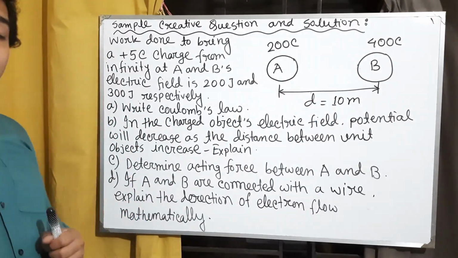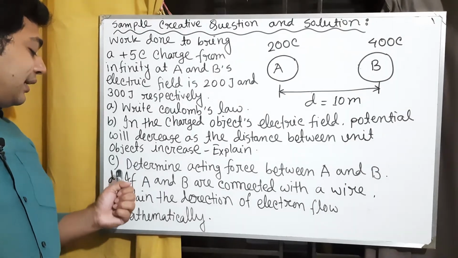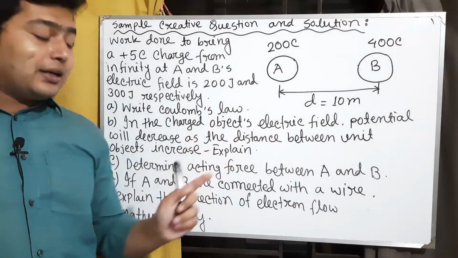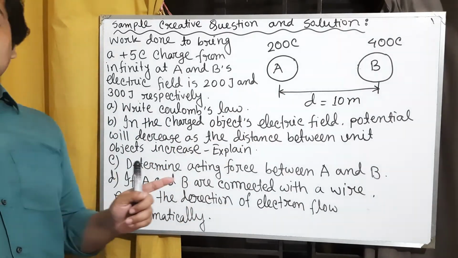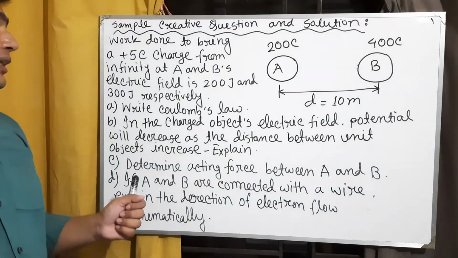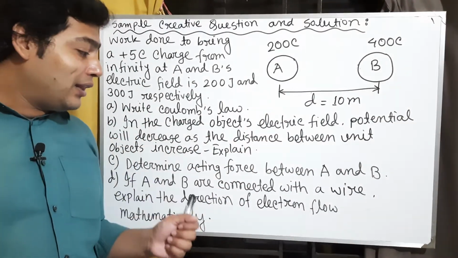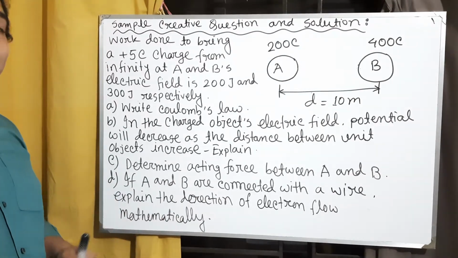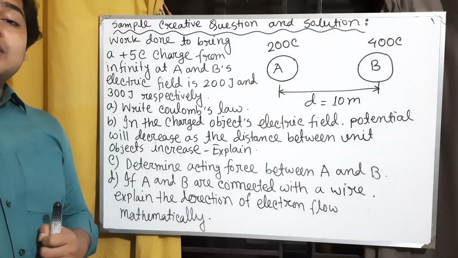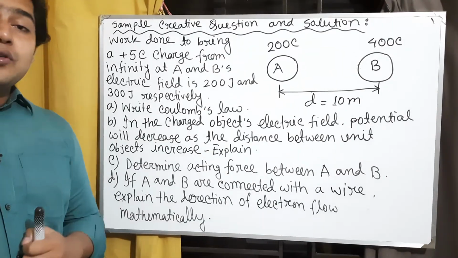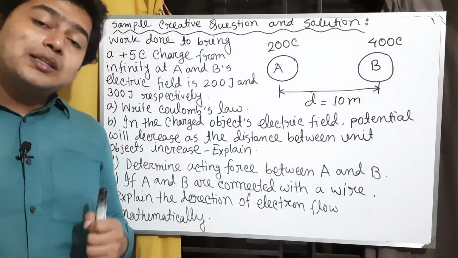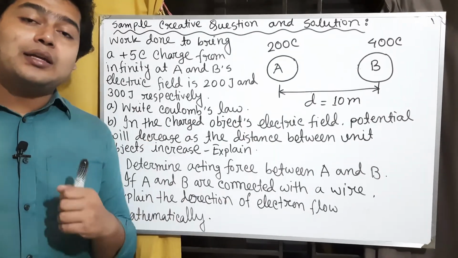And question D is, if these two charges A and B are connected with a wire, explain the direction of electron flow mathematically. So my dear boys, this is our today's creative question. Now we will try to solve this question step by step.